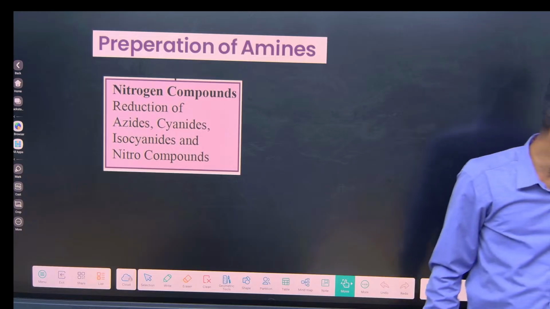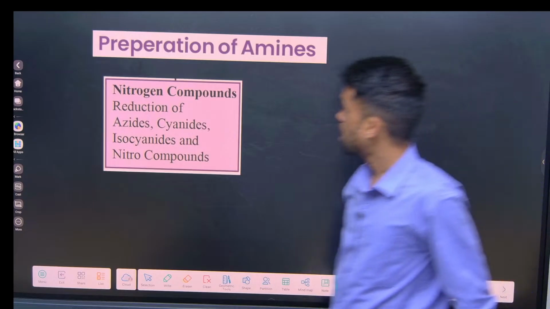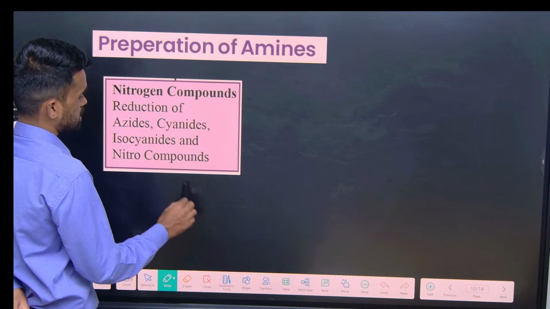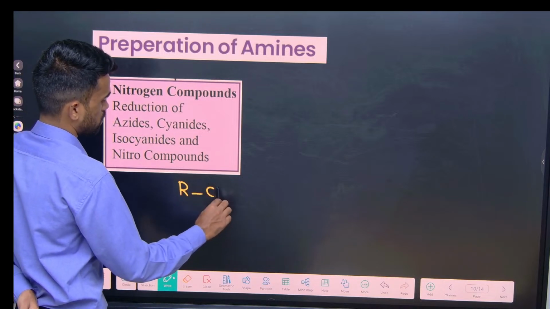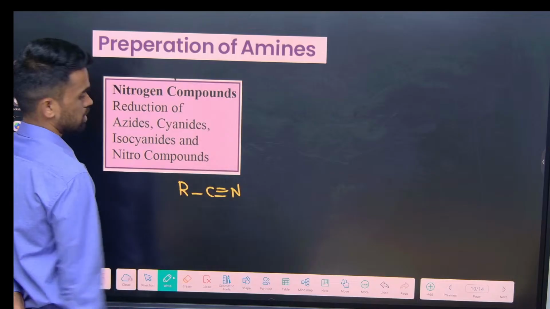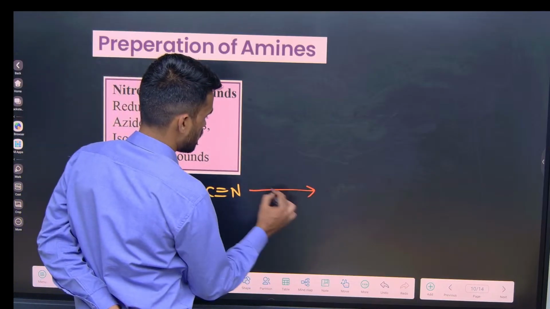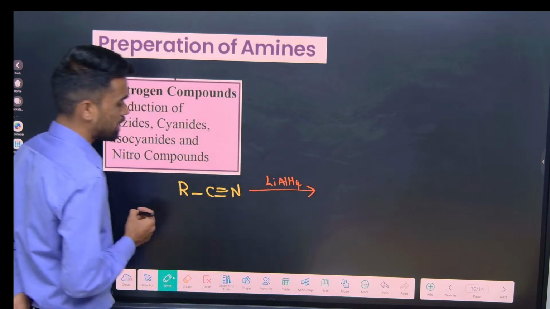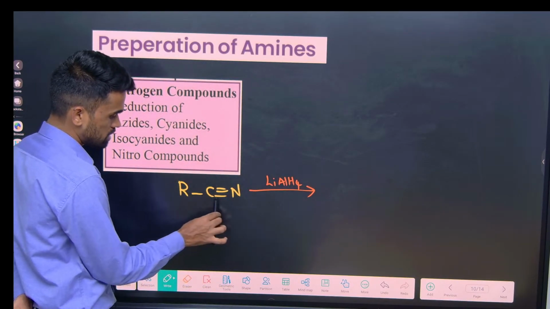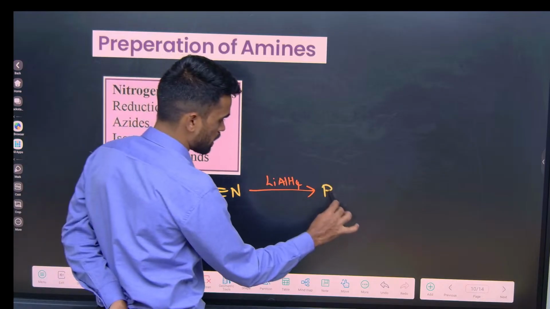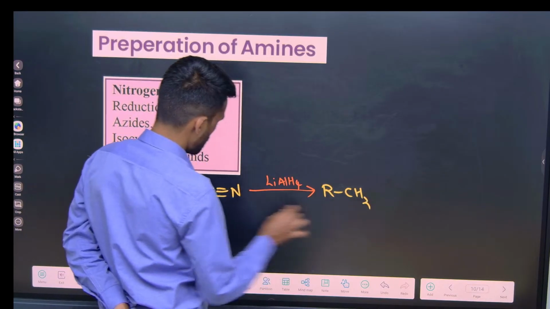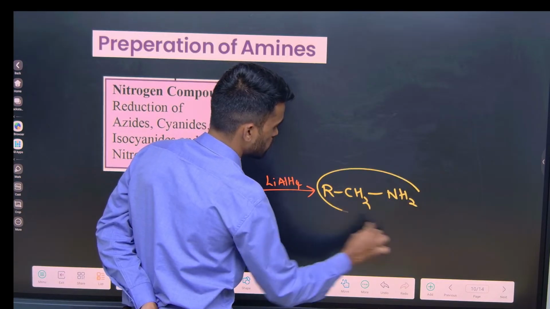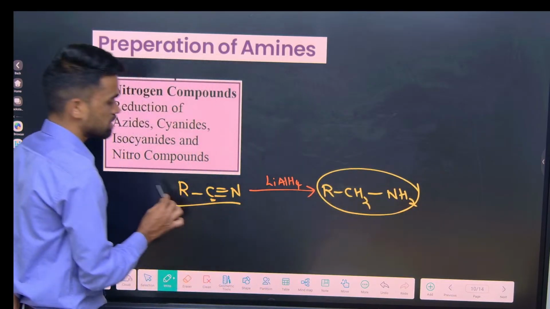The next one is preparation from alkyl cyanides. If you take cyanides and reduce them using a reducing agent like lithium aluminum hydride, complete reduction takes place, converting this carbon into a methylene group, R-CH2, and the nitrogen into an NH2 group. So you get a primary amine from cyanides.